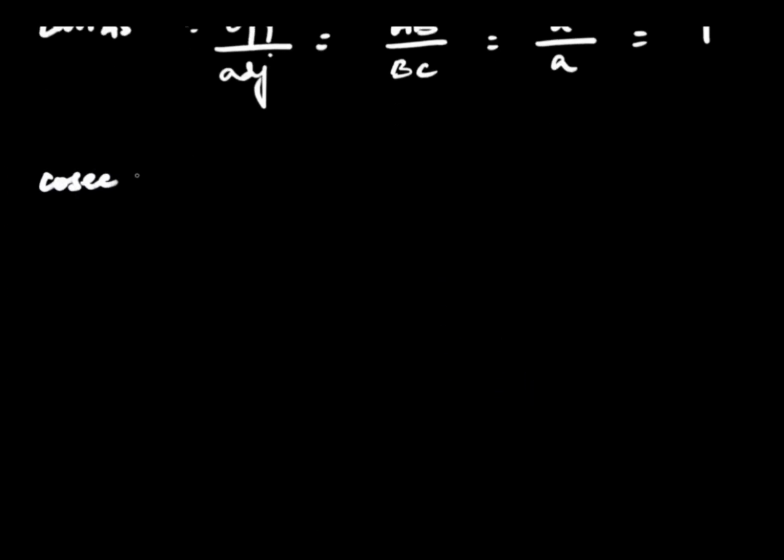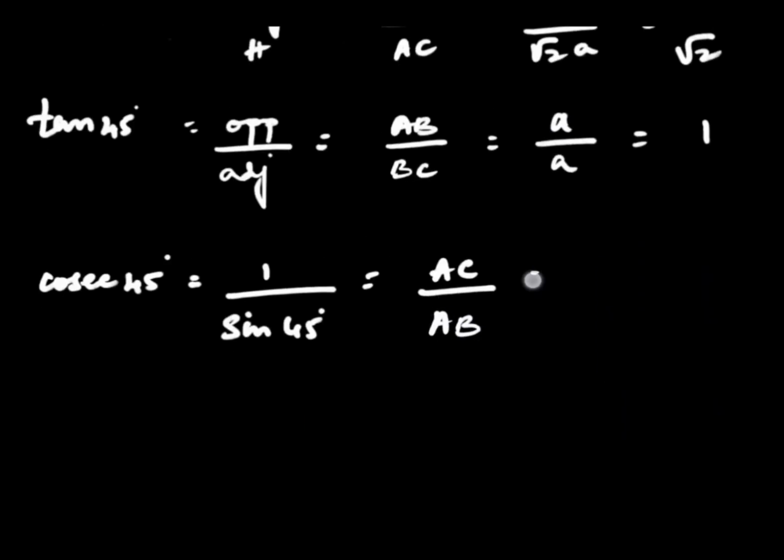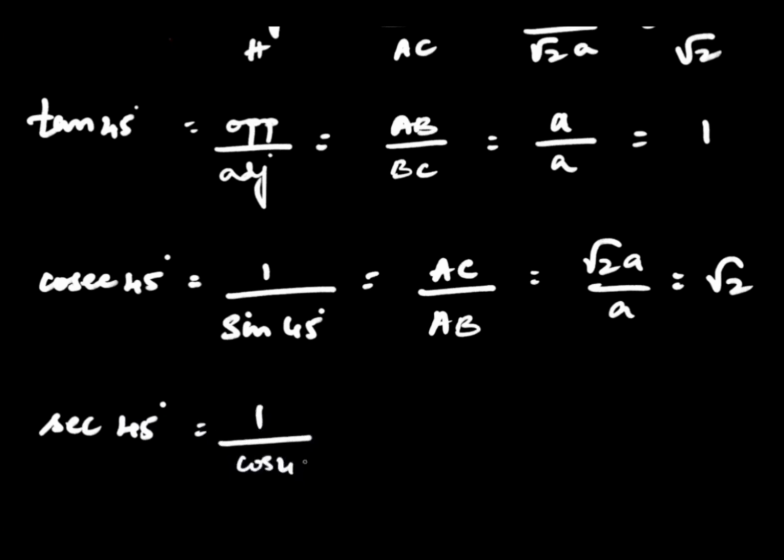Cosecant 45 is the inverse of sin 45, which is equal to hypotenuse by opposite side, which gives rise to root 2A by A, which is equal to root 2. Secant 45 is equal to 1 by cos 45, which is equal to AC by BC, which is equal to root 2A by A, which is equal to root 2.